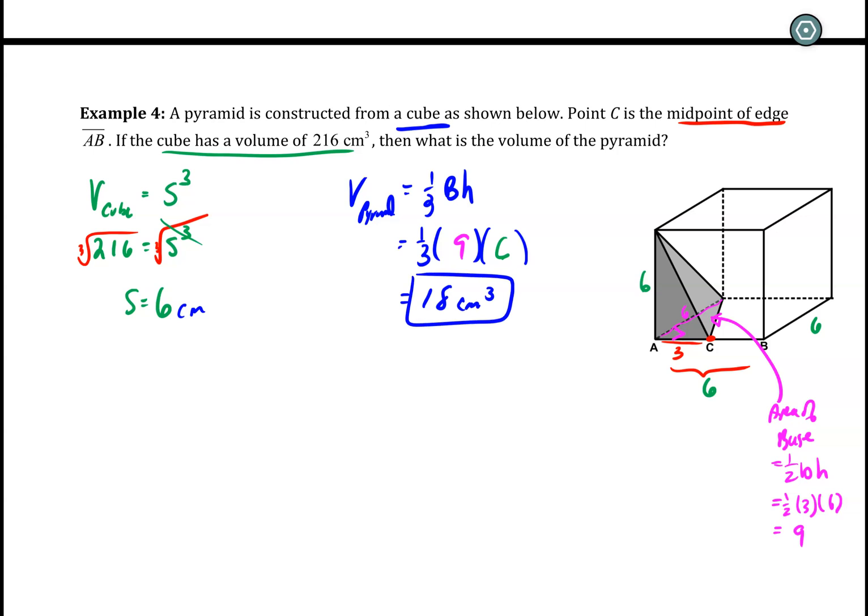All right. So again, that's where they can give you alternate information. You have to work backwards to be able to find the information that you need in order to find the volume. So this is again a common thing that occurs with volume questions. Not always just so straightforward. Sometimes you've got to work around to get some information first, and then allow that to actually find the volume.